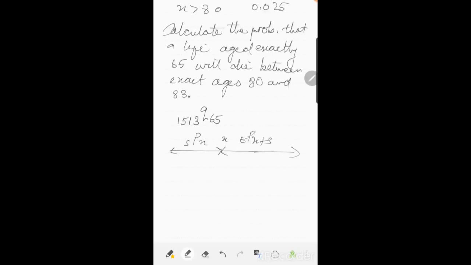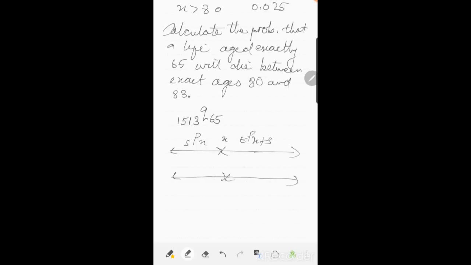Calculate the probability that a life exactly age 65 will die between 80 and 83. So for that part, we have this timeline.